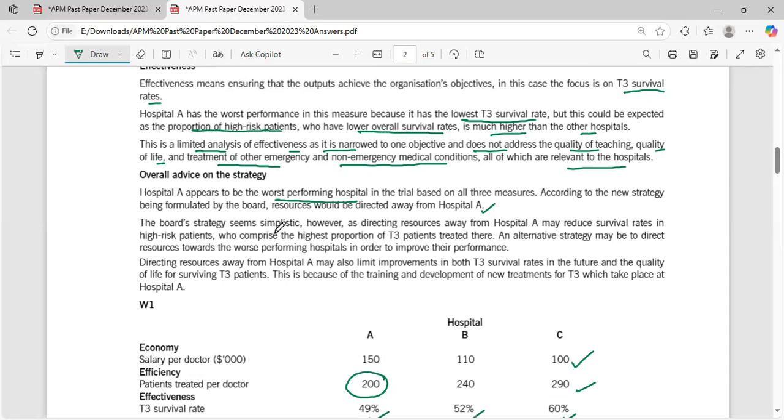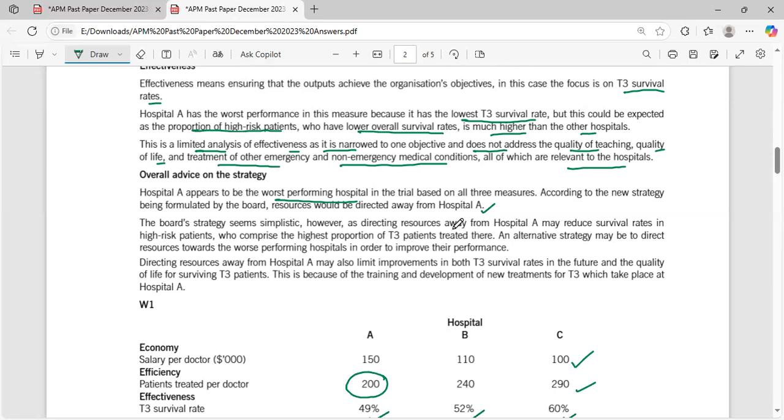The board strategy seems simplistic, however, as directing resources away from hospital A may reduce survival rates in high risk patients, who comprise the highest proportion of T3 patients treated there.